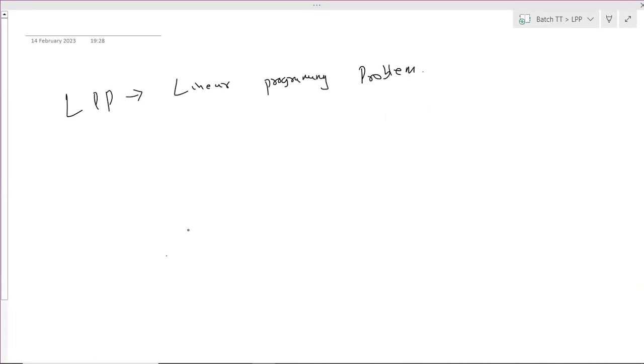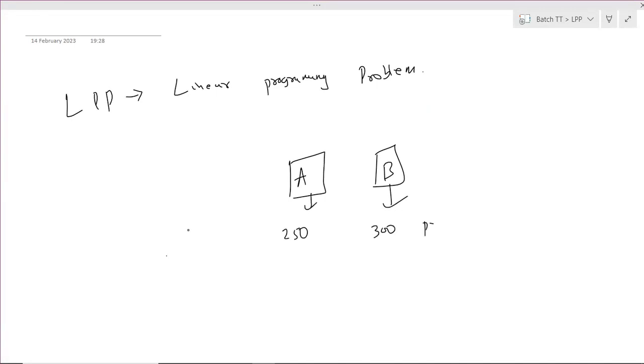Sometimes what happens is we have a few scenarios in our life where you have to maximize or minimize something. For example, suppose you have two factories, A and B. A produces 250 cycles per day, and B produces 300 cycles per day.